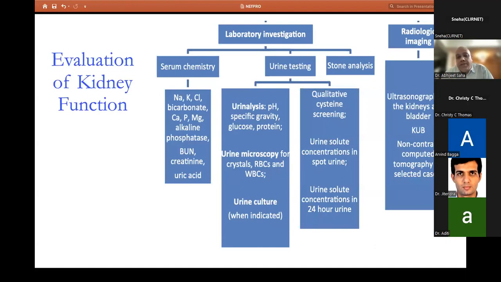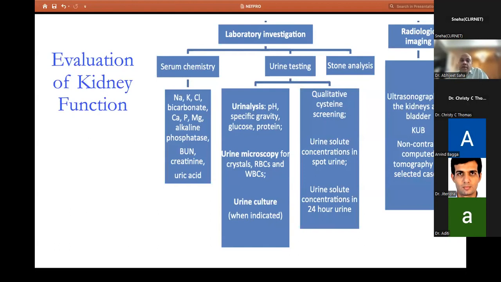For example, this child did not have fever, but had some WBCs. Depending upon the type, quantitative cysteine screening and urine solute concentration in a spot urine can be done, and some concentration after the resolution of the urinary tract infection. You can also estimate certain solutes in the 24-hour urine.